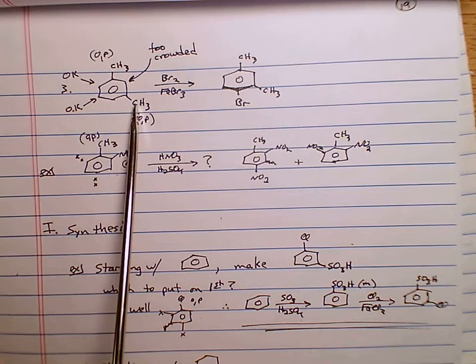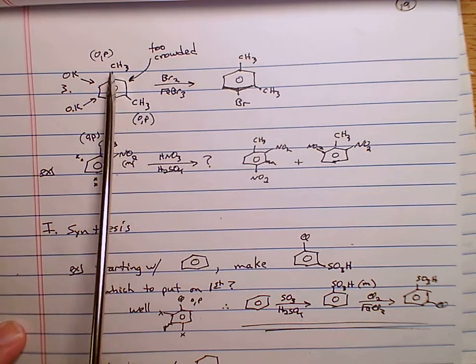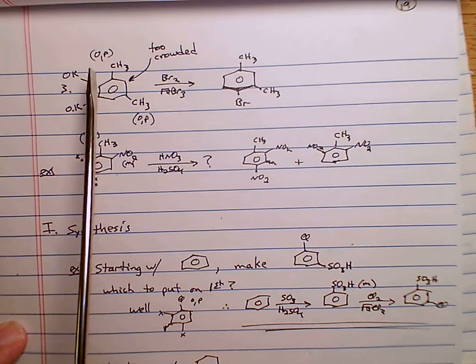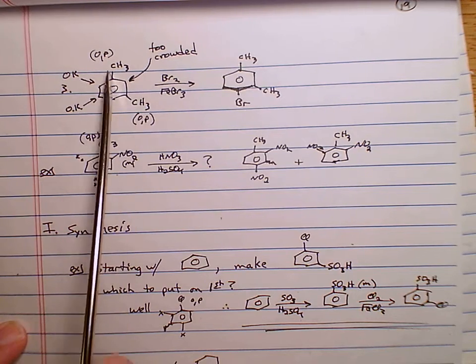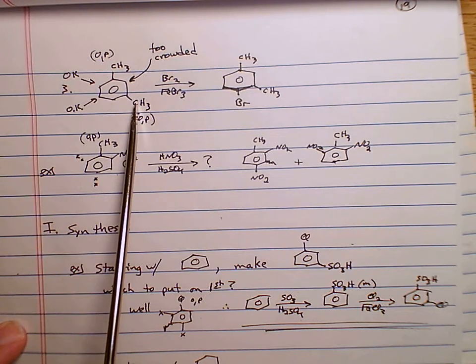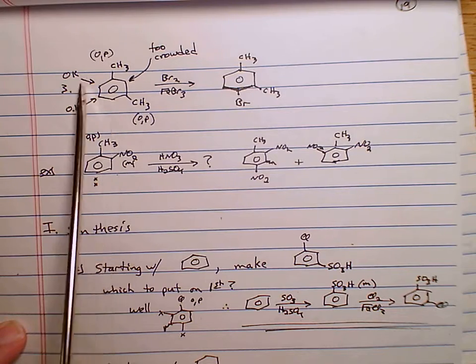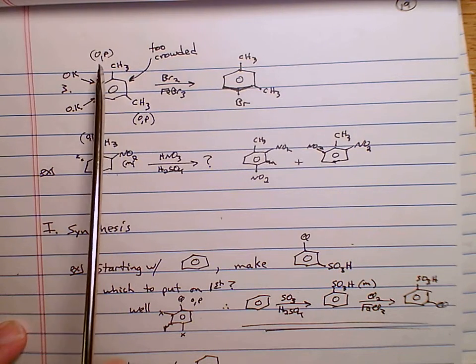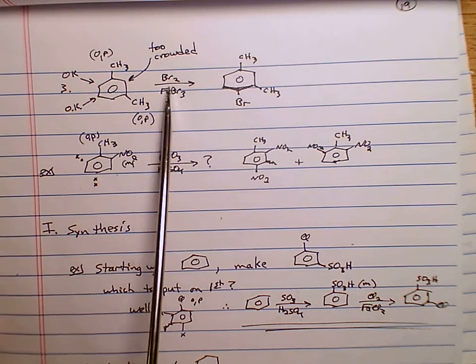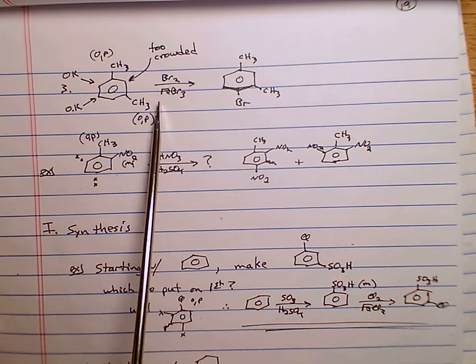Does anyone remember the name of this? Yeah, there's lots of names for it. You could call it meta-methyltoluene, but does anyone know what we call this? Two methyl groups meta to each other on a benzene ring? Recall, this is meta-xylene. Yes, we have meta-xylene here, and we want to react it with Br2/FeBr3.